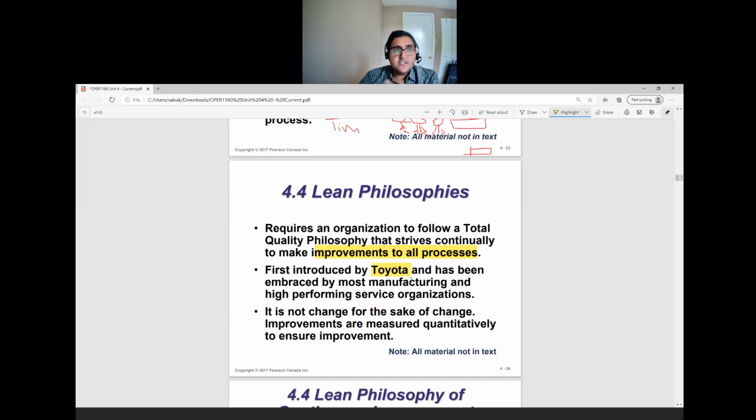It was introduced by Toyota and has been well applied in many manufacturing organizations. So think of an organization, you try to look at the process from input to output, look at the different stages of the process.